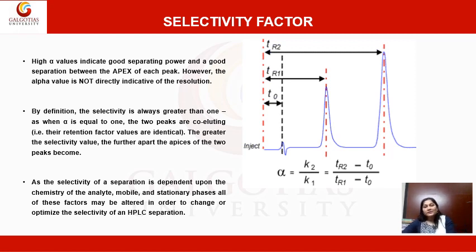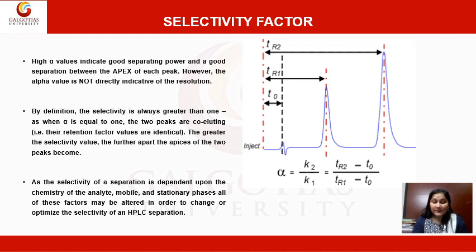Actually, what is selectivity? This is the ratio of your retention factors. If you are getting an alpha value of 1, it means the retention factor of peak 1 will be exactly equal to the retention factor of peak 2. What does it mean? Both the components are co-eluting, meaning they are eluting at the same time.